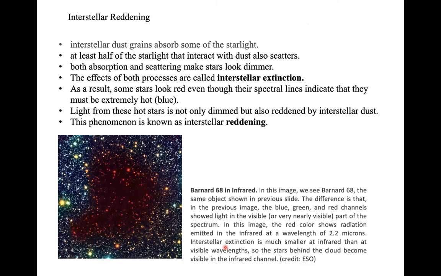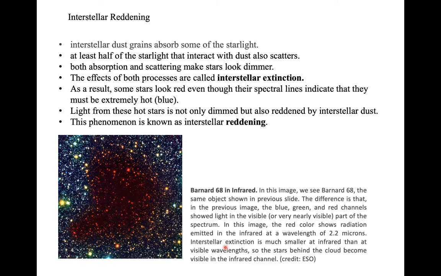And there is a feature which we call interstellar reddening. So what happens is that interstellar dust grains absorb a lot of starlight, and at least half of the starlight that interacts with dust also scatters, right? Both absorption and scattering make stars look dimmer.